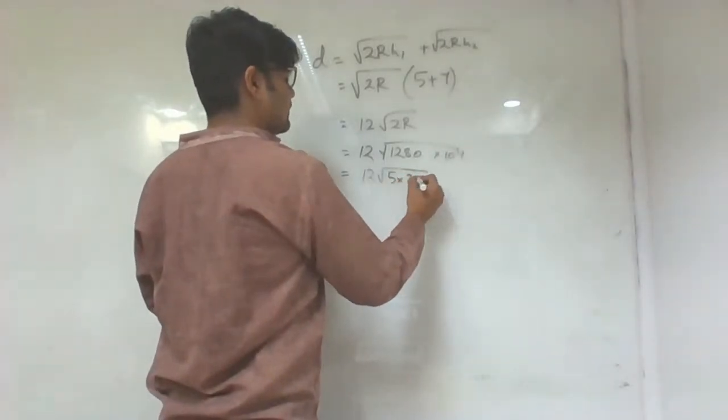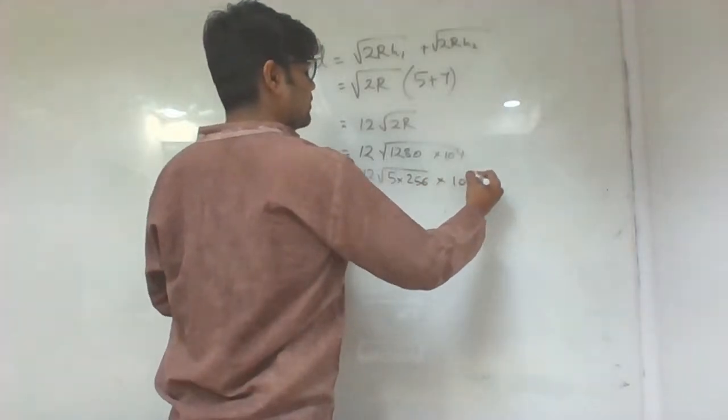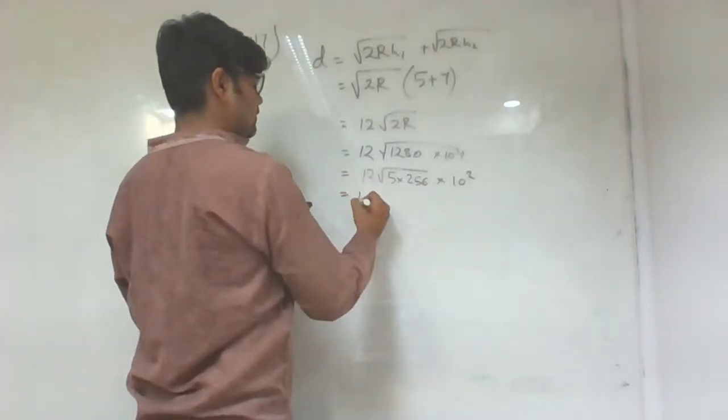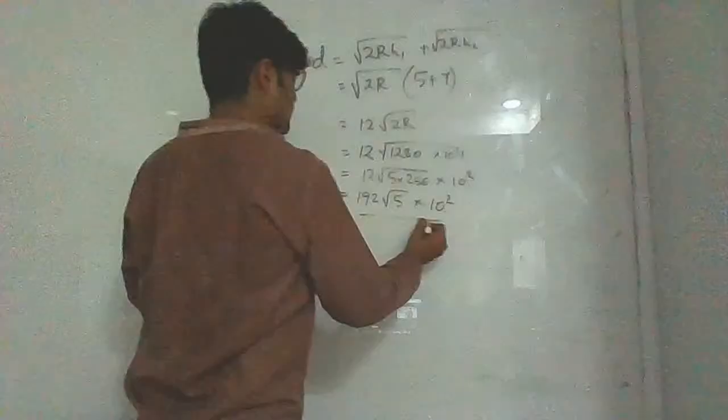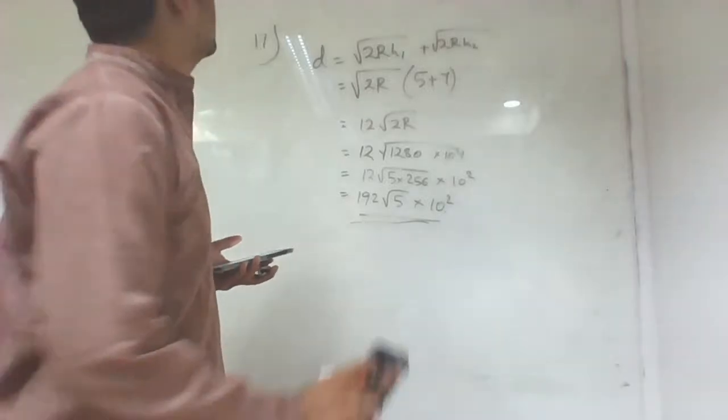So 5 into 256 into 10 power 2, 16, 12 into 16 is 192 root 5. Okay.